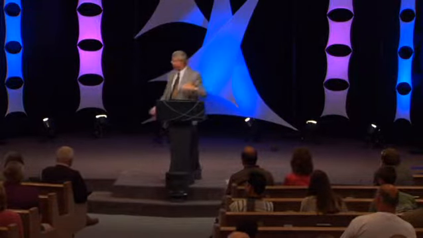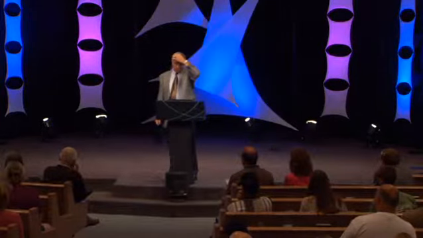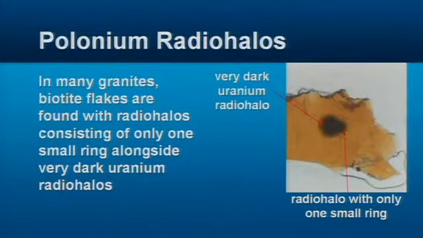But alongside that, in fact, almost superimposed on it, is a smaller halo, also very dark, but it only has one ring. It's much smaller. And because of its radius, or diameter, whichever way you want to measure it, we can actually work out what element was responsible for producing that radiohalo. But more of that in a moment.